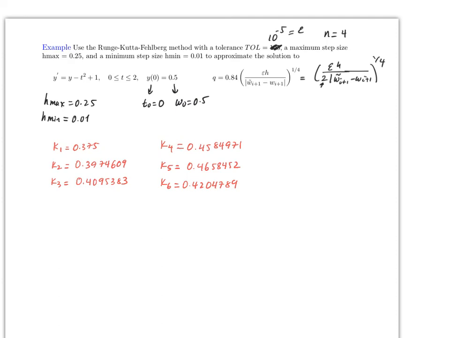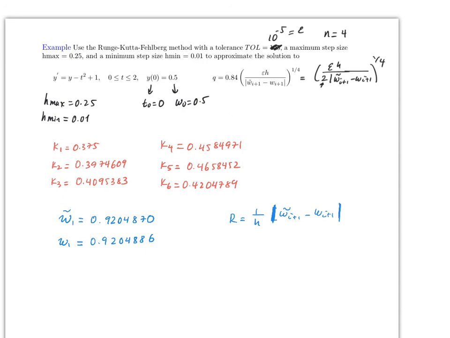Now, once you plug these numbers back in the beautiful formula we have before, we end up with w1 tilde equals to 0.9204A70, and w1 equals to 0.9204AA6. Recall that the value for r was equals to 1 over h, times the absolute value of w i plus 1 tilde minus w i plus 1.